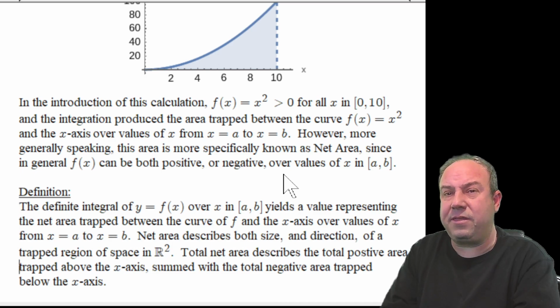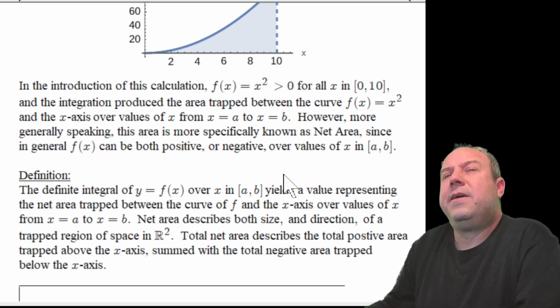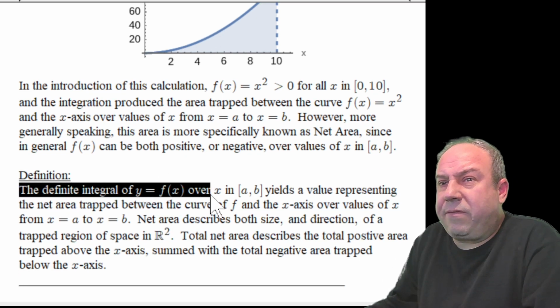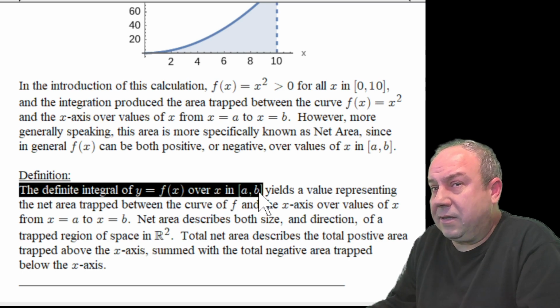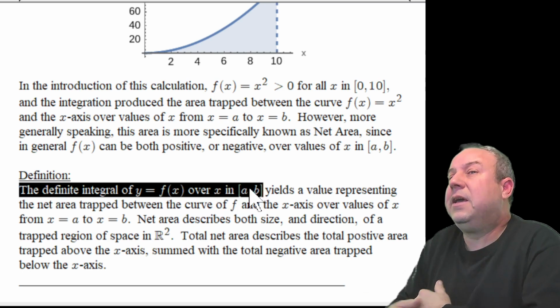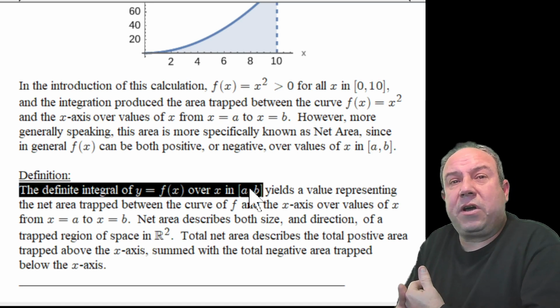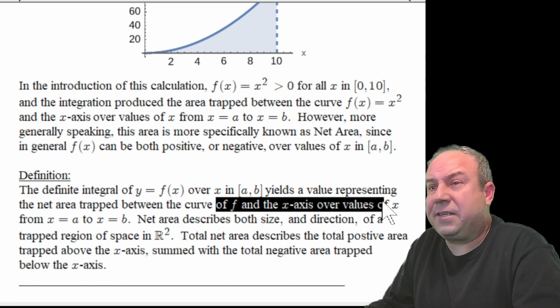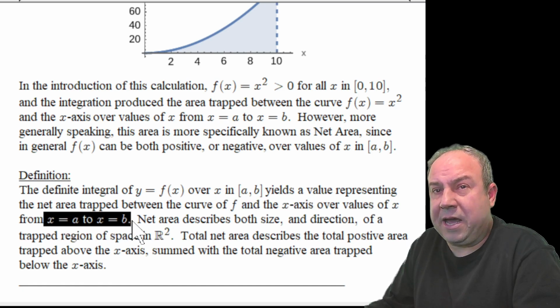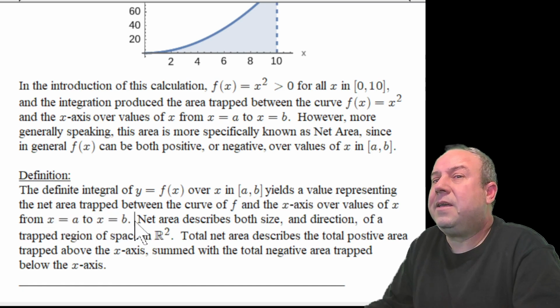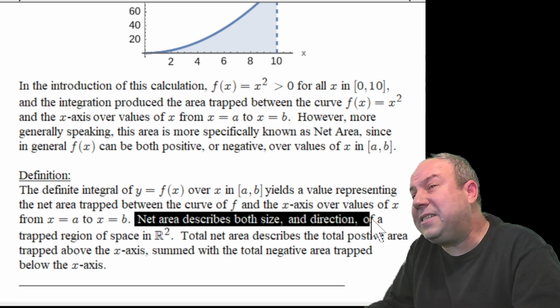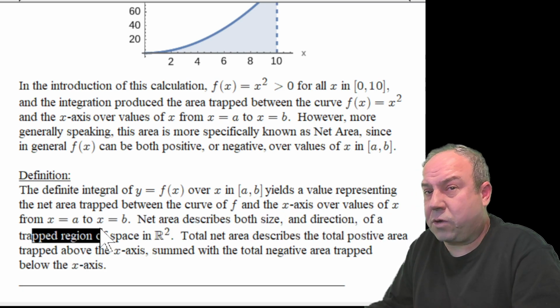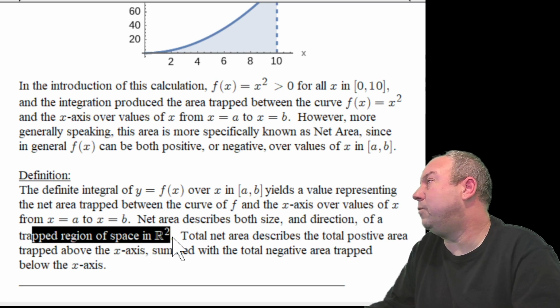To begin with, right, the definite integral of y equals f of x over the interval from a to b yields a value representing what we call the net area trapped between the curve of f and the x-axis over values of x from x equal to a to x equal to b. Net area describes both size and direction of a trapped region of space in R2.